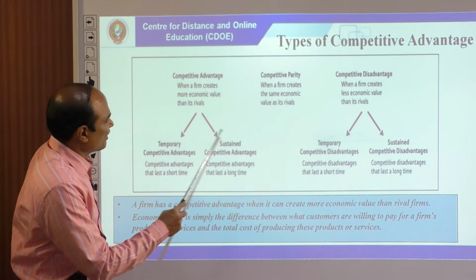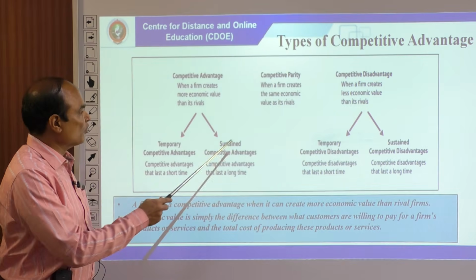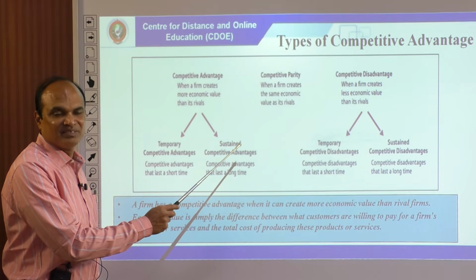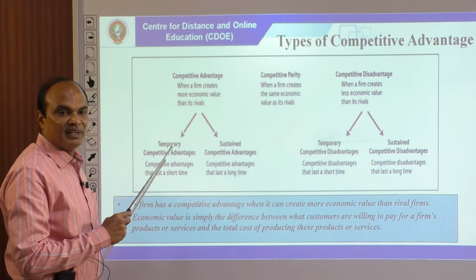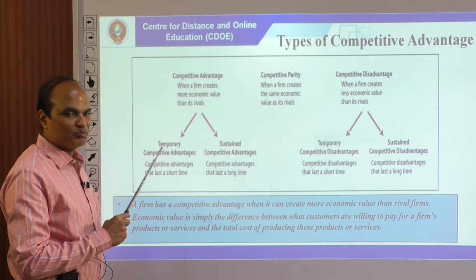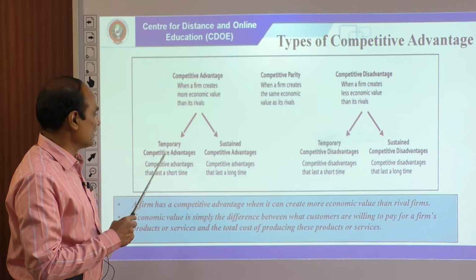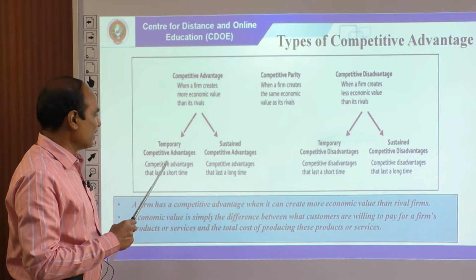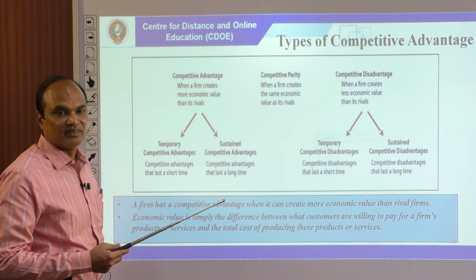If you look at these two, whether temporary or sustained, both are not permanent. If a firm moves aggressively and takes sufficient measures, it can overcome the temporary advantage too and gain sustained competitive advantage.